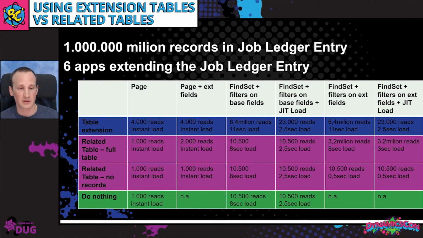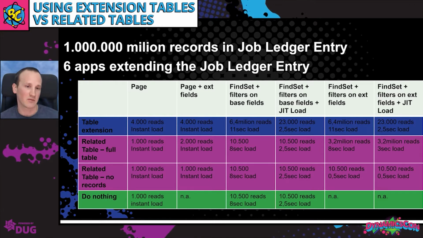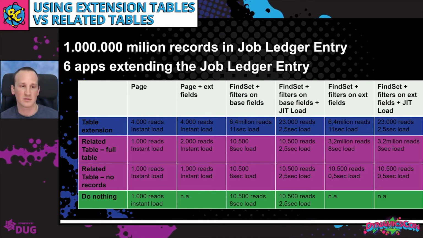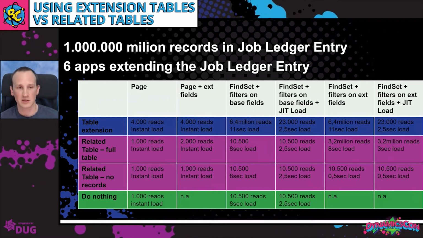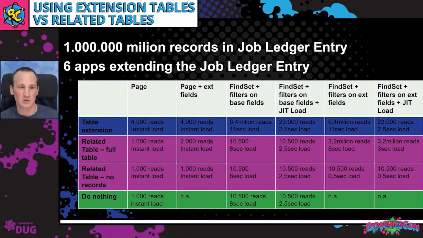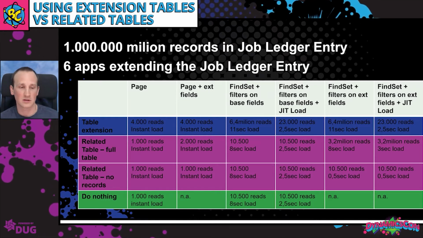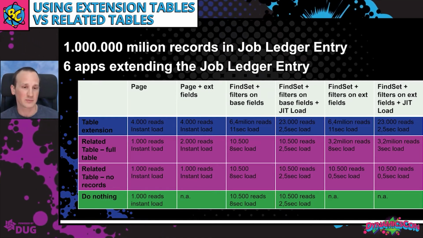Related table is the approach we could take. And we have an example where for each record in the base table, we also have one record in the related table. But a related table also gives us the possibility of having no record in the related table for a record in the base table.